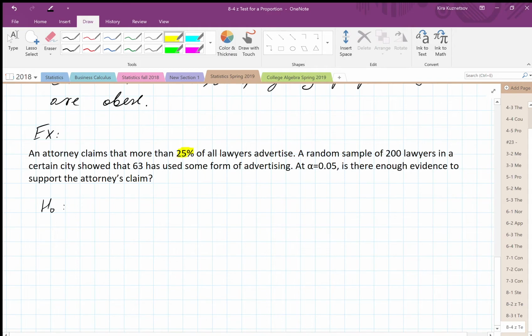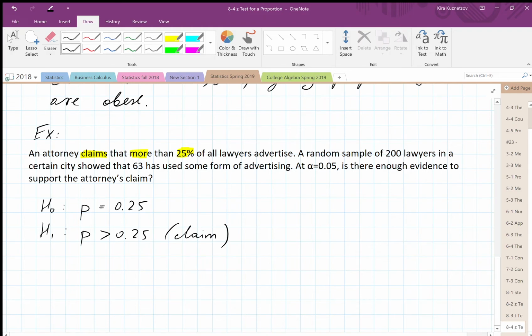This is the claim of 25%. So you must have p equal to 0.25. And the alternative hypothesis now has the word more. And that's the claim. So the p has to be greater than 0.25. And that's the claim that he's trying to persuade or trying to prove.